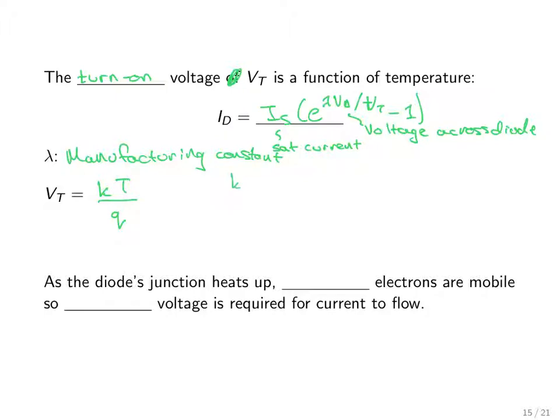So I'll again define here: K is Boltzmann's constant, T is the temperature in Kelvin, and Q is the charge of an electron. As the diode's junction heats up, more electrons become mobile, so less voltage is required for current to flow. And that's what makes this a good temperature transducer.